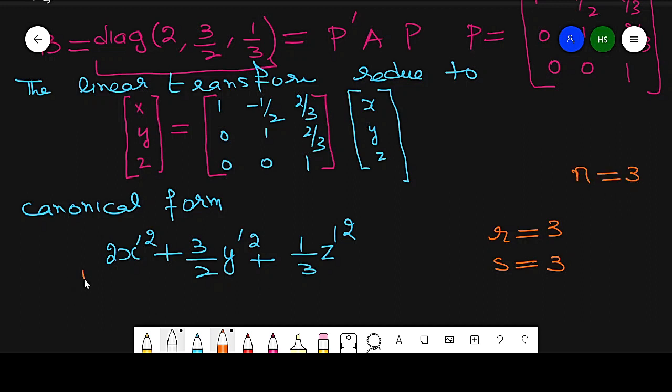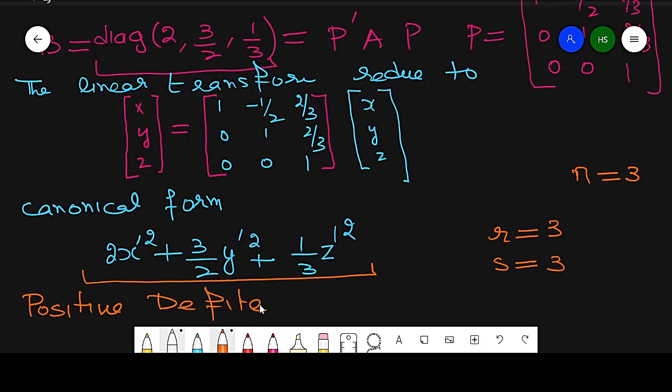It is the total number of positive terms. So all are positive terms, so this form is positive definite. In this way we can check whether our quadratic form is positive definite or negative definite.